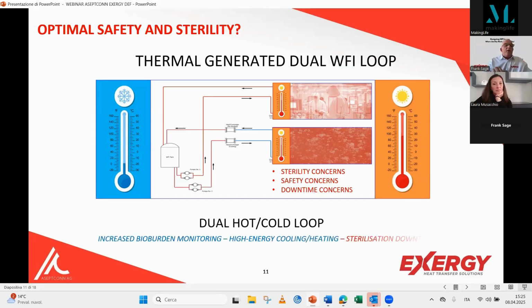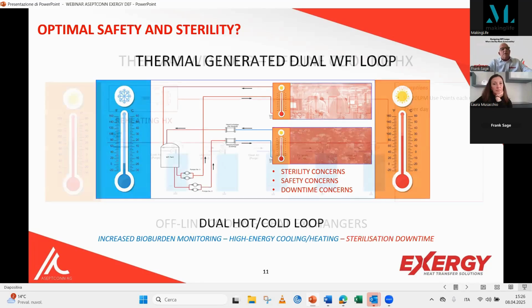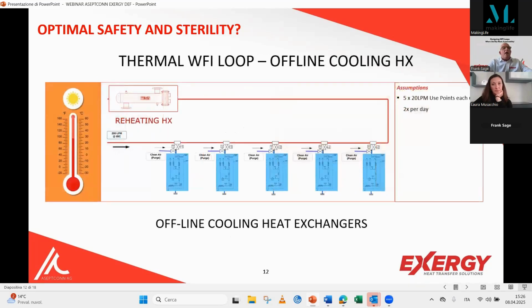So if we look then at another choice that's made in the distribution of WFI, we can have a thermal WFI loop, this time with offline cooling heat exchangers. So this design involves heating the WFI and it maintains sterility in the loop, but not in the offline single point drops.